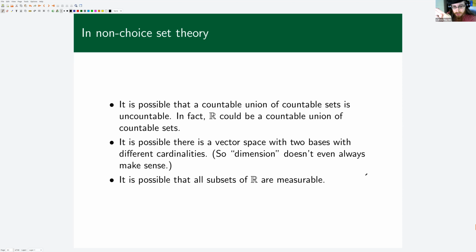And they have what's called the perfect set property, which is basically the continuum hypothesis for subsets of the reals. It's stronger than the continuum hypothesis in some sense. And it is possible that all three of those things are true, but you still have some choice in the form of this dependent choice that I mentioned earlier. And dependent choice is basically enough choice to still do most of real analysis.